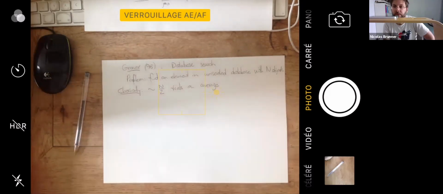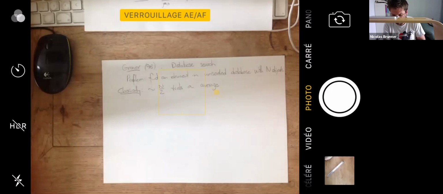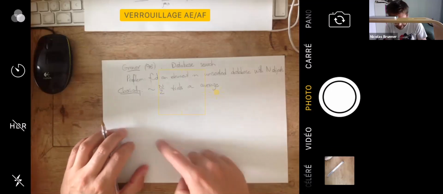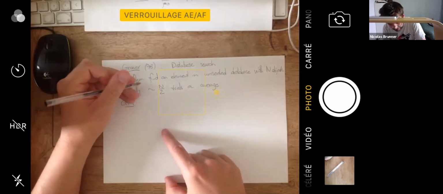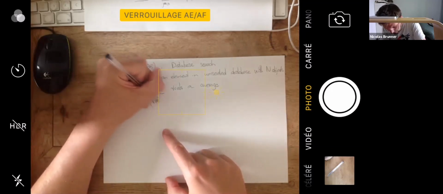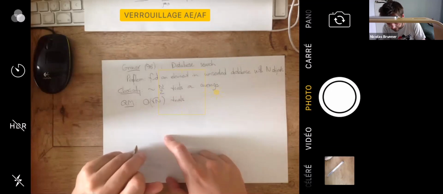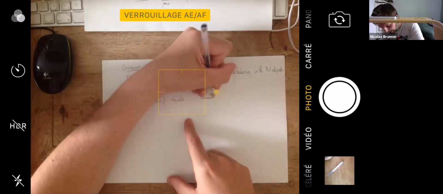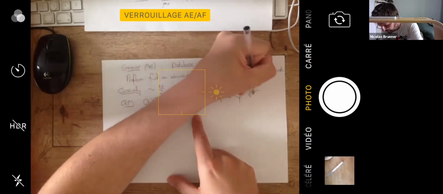You have n boxes, and you are looking for a marble. One of these boxes contains a marble, and on average, you will need to open half of the boxes to find the marble. Now, the remarkable thing is that quantum mechanically, and this is the algorithm of Grover, you need only order square root n trials. So there is a speed up, and the speed up is of a factor root n.